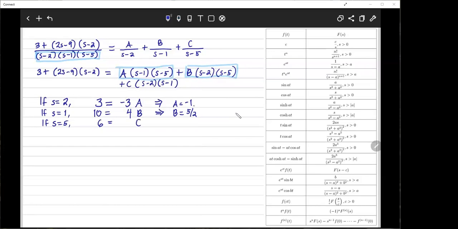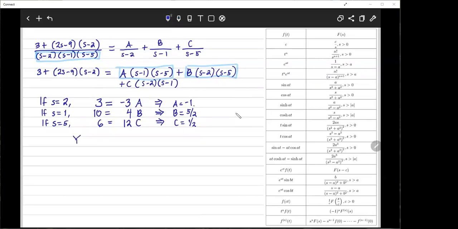Okay, so we have C and then times S minus 2, S minus 1. So that will be 12. So therefore, C equals 1/2. So sulat na natin yung ating partial fraction decomposition.